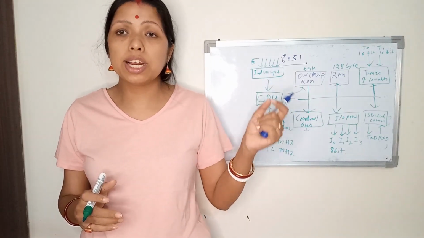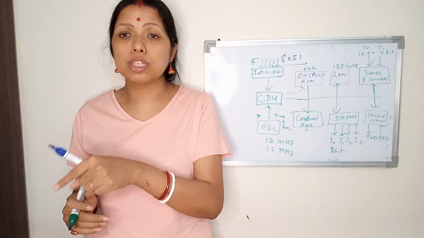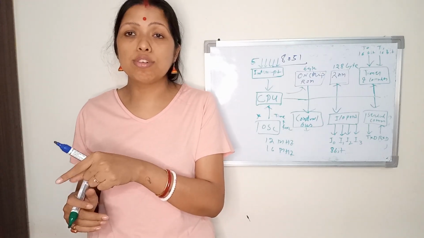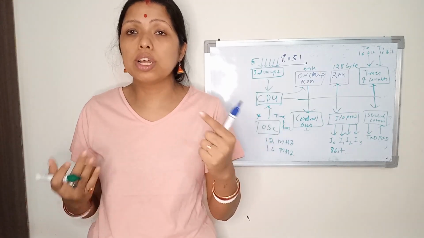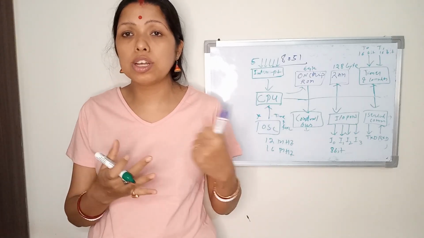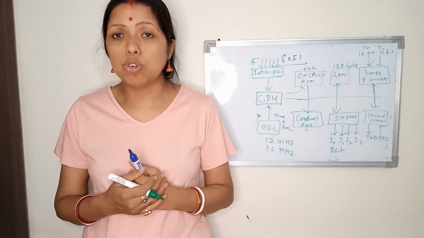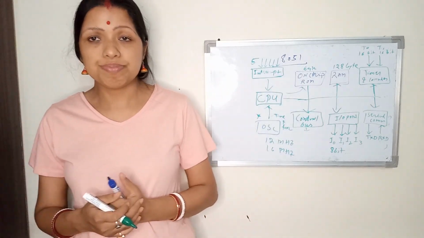So the interrupt signal is given with a priority, and the CPU has to stop the current program and execute the priority program. Accordingly they have to give the interrupt signal.